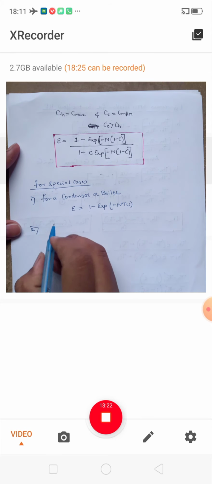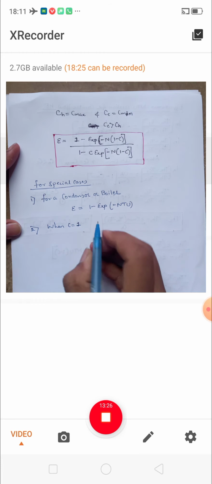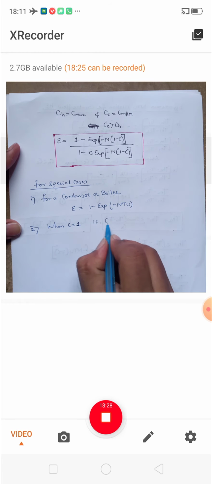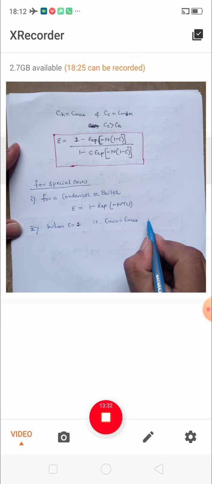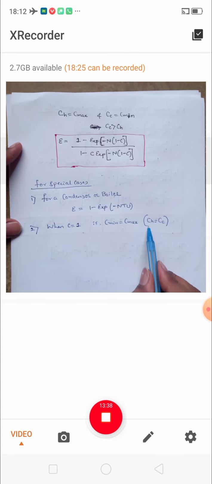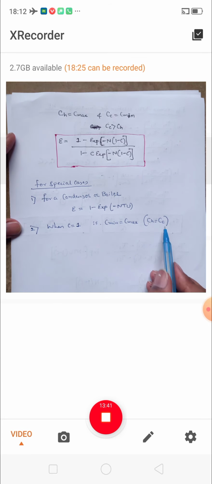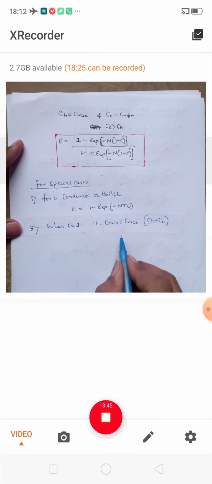And in the second case, when C is equal to 1, that means C minimum will be equal to C maximum, that is CH will be equal to CC. That means when both the CH value and CC value are the same, then we are going to get C equal to 1, where C is nothing but C minimum divided by C maximum.